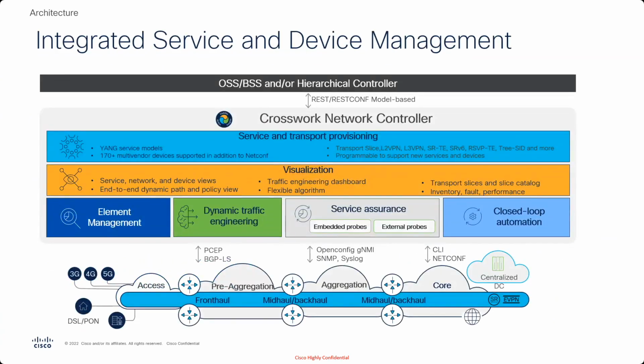But basically, this is the architecture on which CNC is working. CNC started as a service manager. The idea that we had originally was, okay, we have a very successful product for provisioning services, that is NSO. But NSO is not doing visualization of services, is not integrated with assurance, and does not have the possibility to do any complex activity.